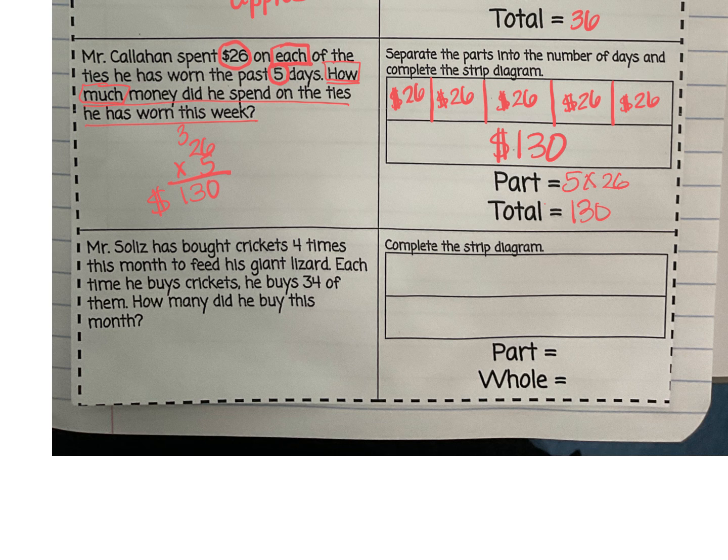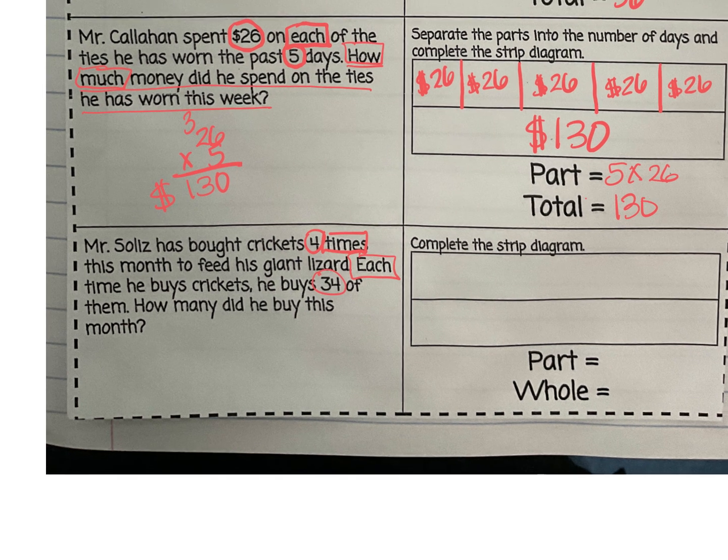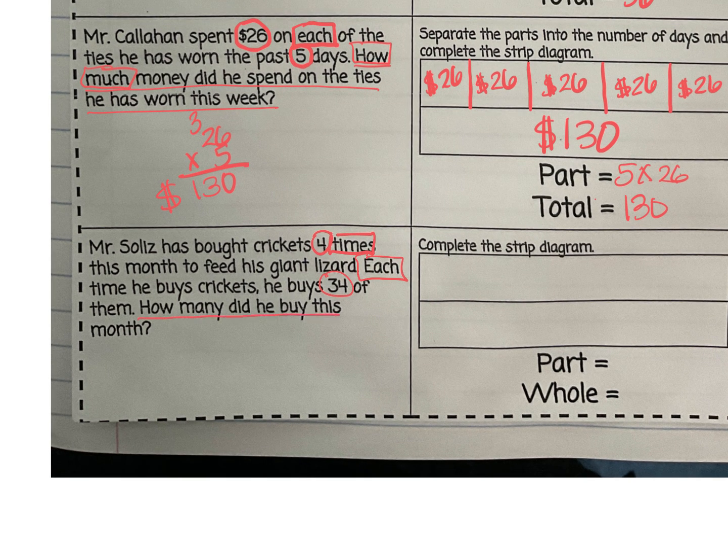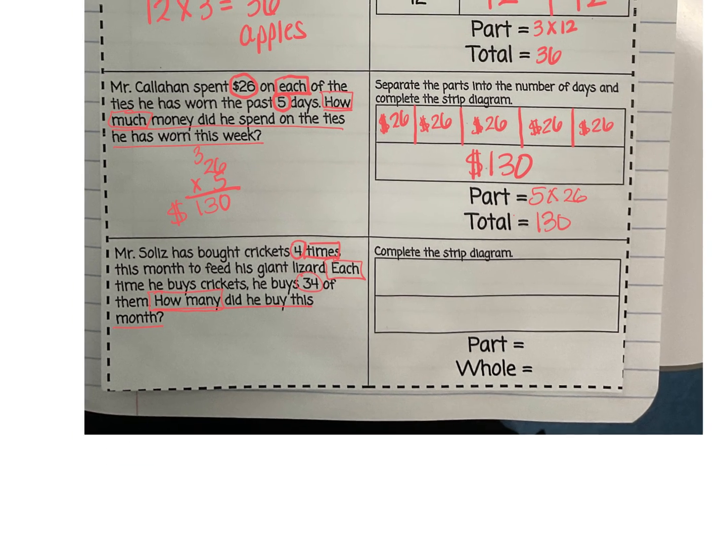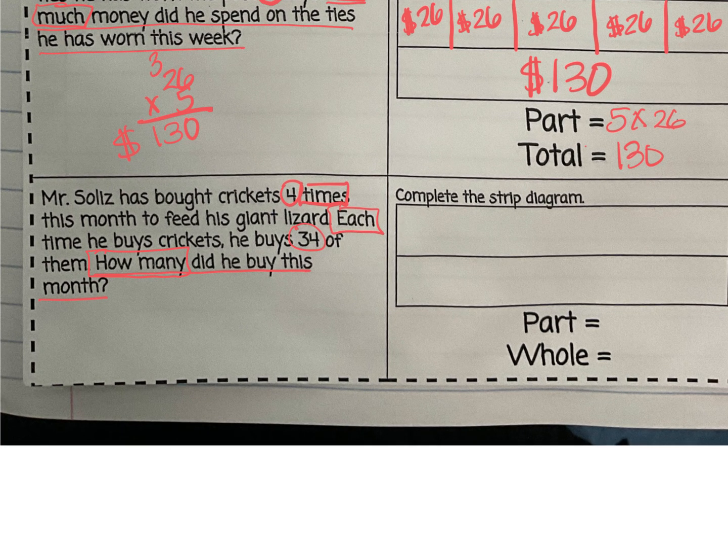Okay, last one. Mr. Solis has bought crickets 4 times this month to feed his giant lizard. Each time he buys crickets, he buys 34 of them. How many did he buy this month? Okay, so how many times did he go to the store to buy crickets?